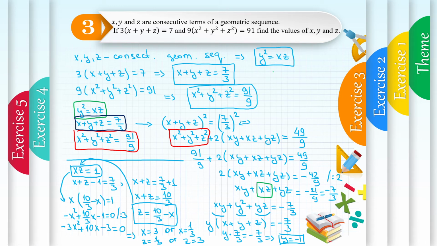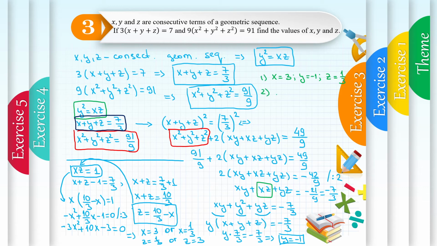question is the following. We have x equal to 3, y equal to minus 1, and z equal to 1 over 3. So we have a geometric sequence with the common ratio equal to minus 1 over 3, or one answer.